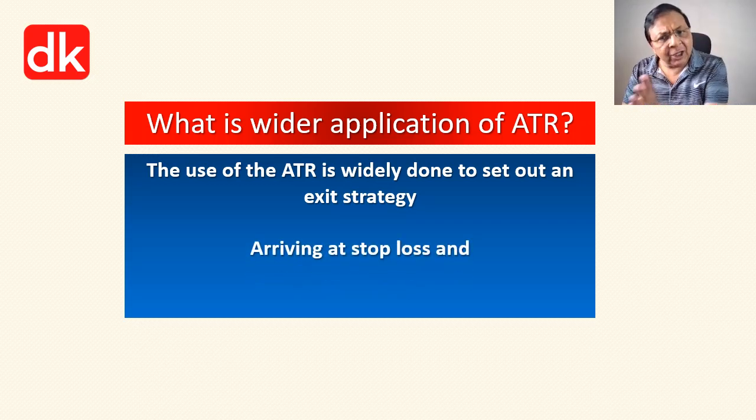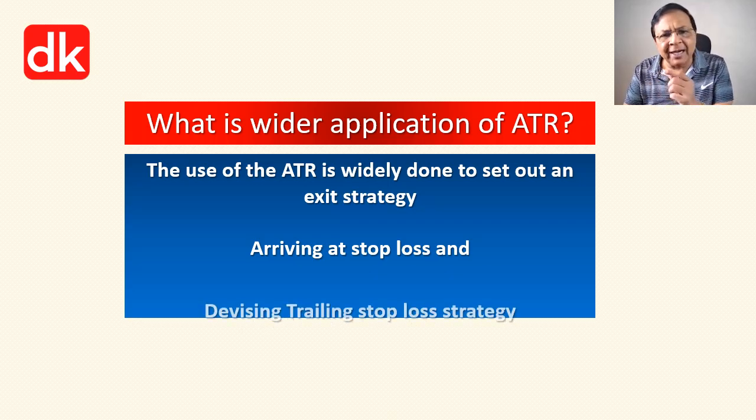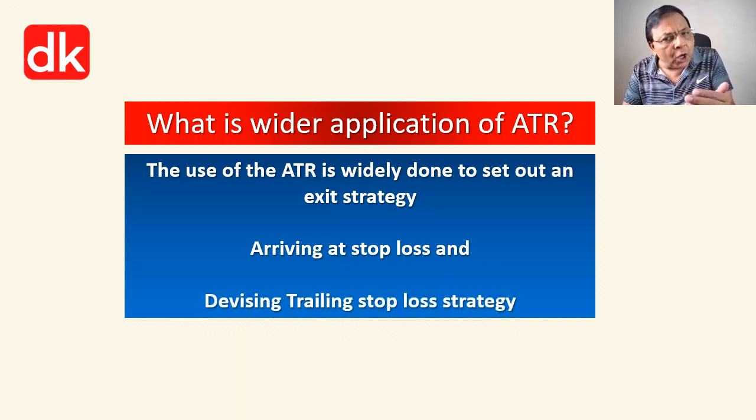Arriving at a stop loss is one of the major uses of ATR. And friends, devising the trailing stop loss could be another strategy. There are a number of indicators available on the charting tool which are based on ATR to calculate the stop loss or to trail the stop loss so that you can ride the trend.